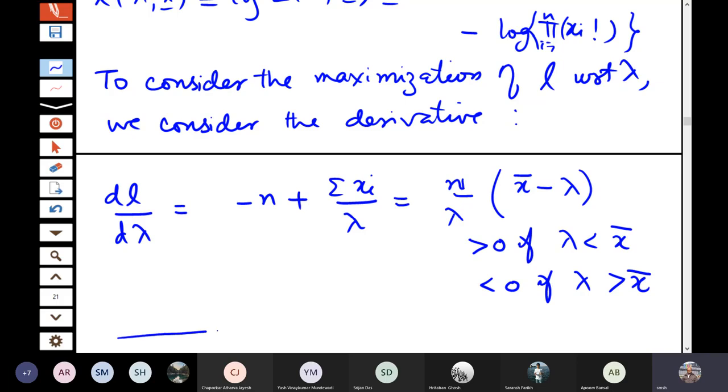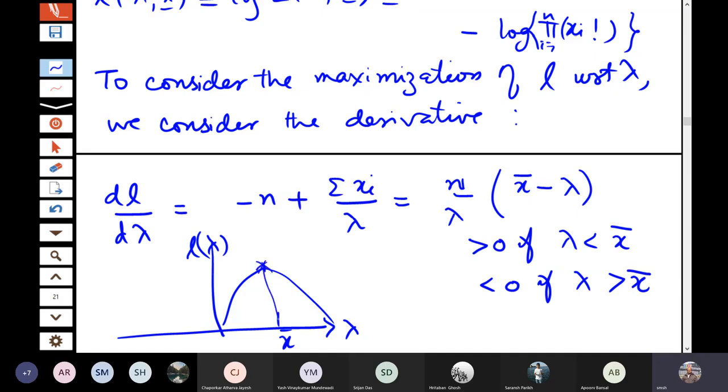So how will the behavior of the function L(lambda) be? That means if x bar is a point here, then it is increasing up to x bar and then decreasing thereafter. Because for lambda less than x bar the derivative is positive, so L is increasing, and for lambda greater than x bar it is negative, so it is a decreasing function.